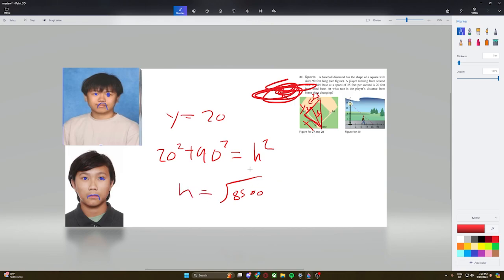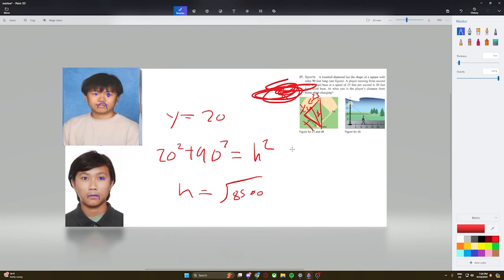Okay, so just get the derivative. The only thing that's changing is the hypotenuse and the person running from second to third. The only thing that is not changing is third to home base. It's always going to stay at 90 feet.